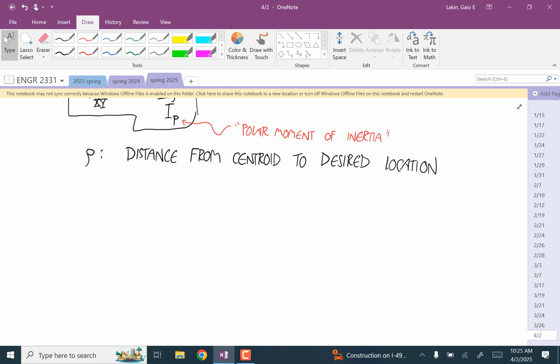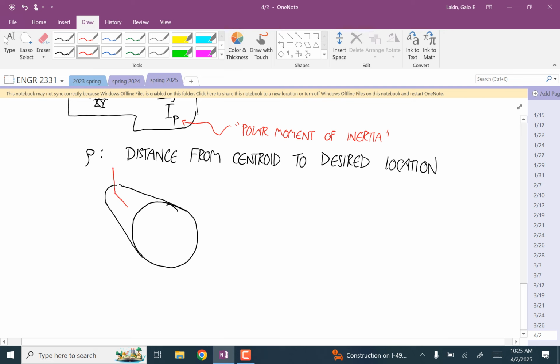So let's say there's your cross section. Let me try to make this all 3D like. Here's the cross section that we're talking about, and here's the desired location where we want to calculate the stress.